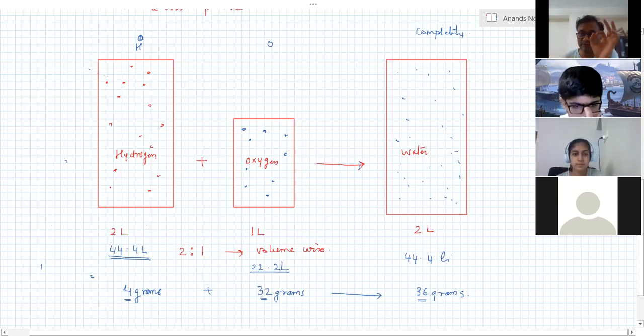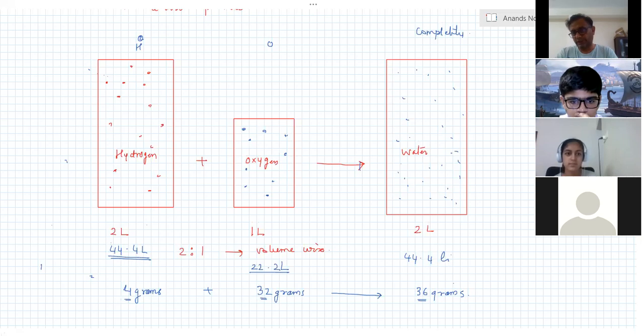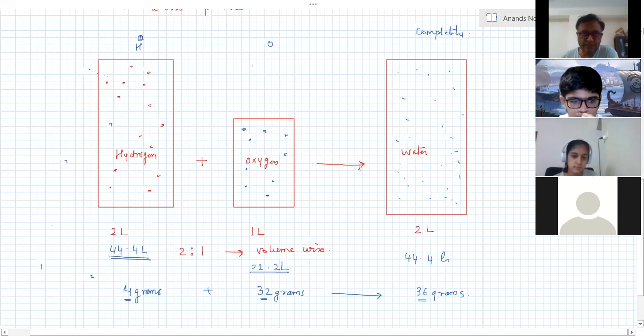There is only the law of conservation of mass. Is it all right, Shruti? Yes, sir. It is a good point for you to catch, because 2 volumes plus 1 volume, in your mind, should be 3 volumes, but it is only 2 liters. This was an experimental finding by Gay-Lussac and Humboldt.